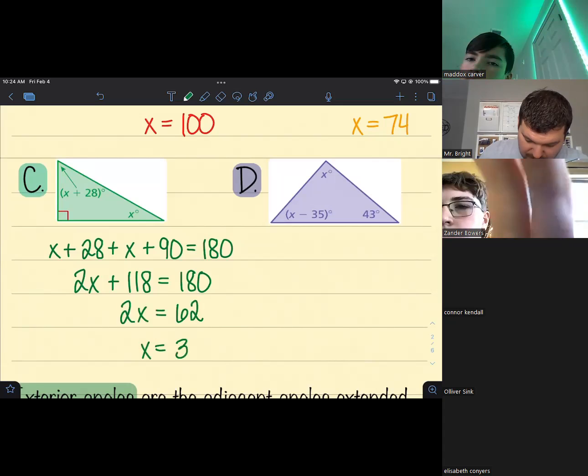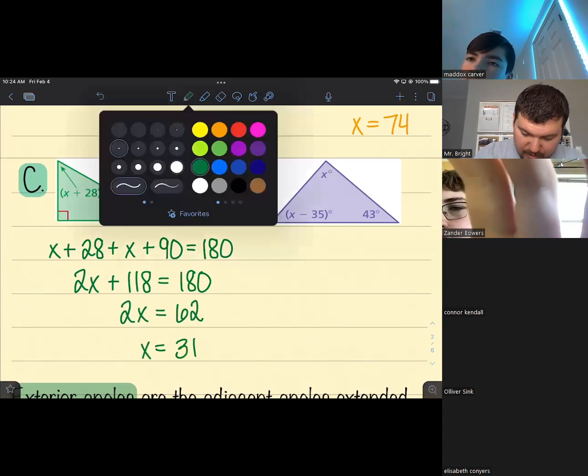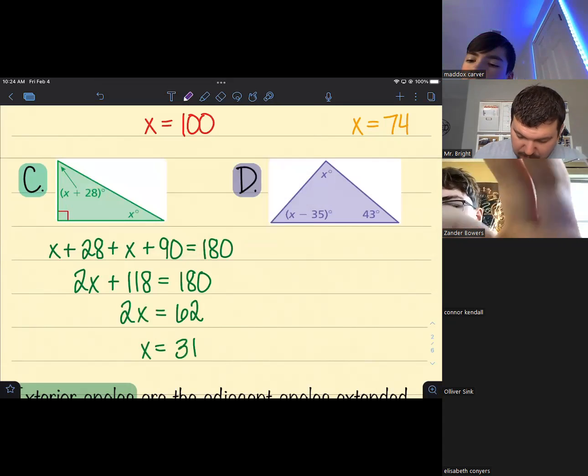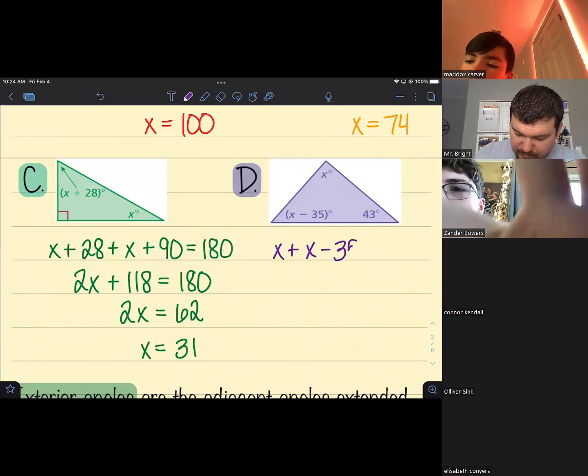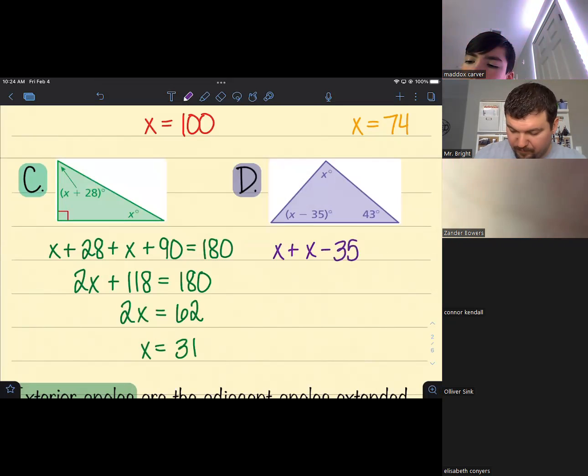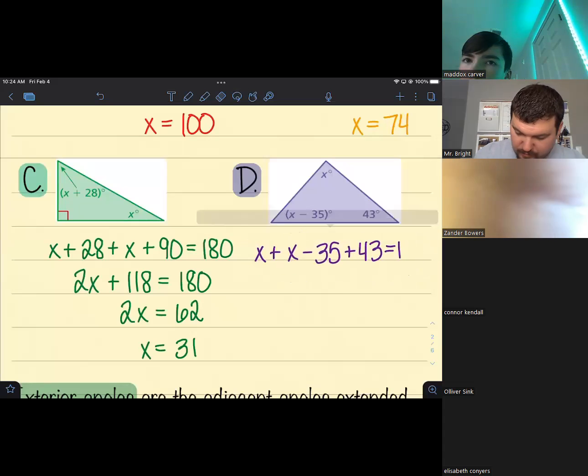All right, moving on to our last one here. Purple triangle here. We've got x plus x minus 35. So think of that as a negative 35 plus 43 is equal to 180. I'm running out of room here.